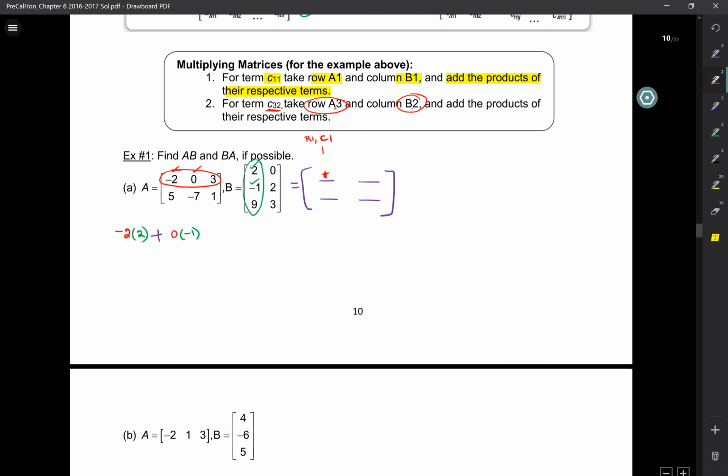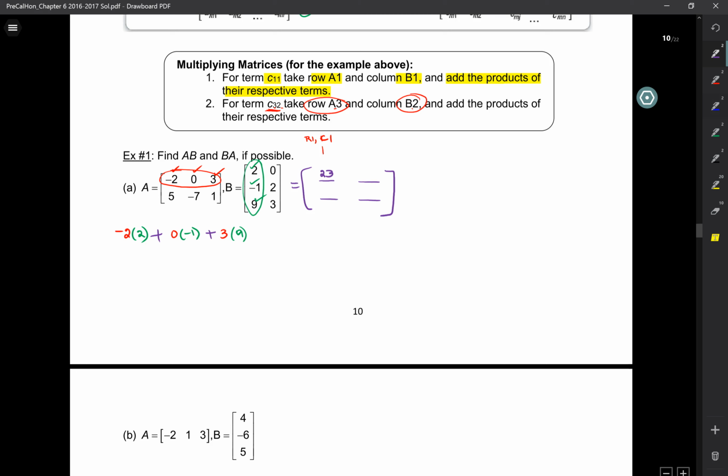Now I multiply the third with the third. So plus 3 times 9. Okay, what does that give me? That gives me -4 plus 9 times 3 is 27. That will be 23.